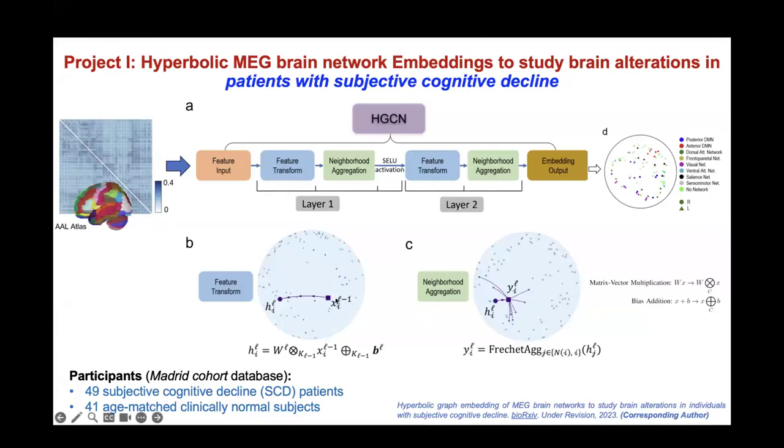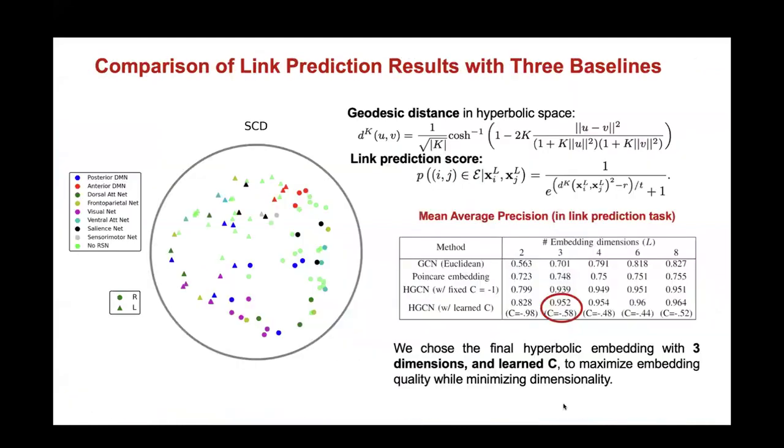In our project, we have 49 subjective cognitive decline patients, who are five times more likely to convert to Alzheimer's disease, and another group of 41 clinically normal subjects. This paper is now under revision. It's already on bioRxiv, and we recently got very good comments from a very good journal.